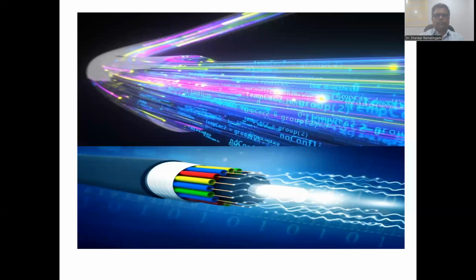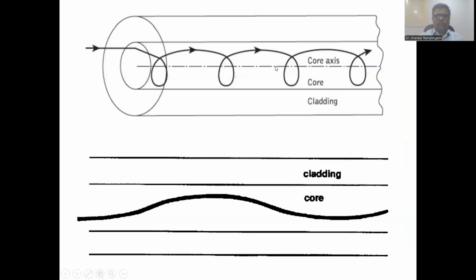Let us move on to the next slides to understand further. Here also again I have shared two pictures of optical fiber cable. At the bottom we have an optical fiber cable which has core, and this is our core, and this is our outer cladding structure of our optical fiber cable that is present around our core.